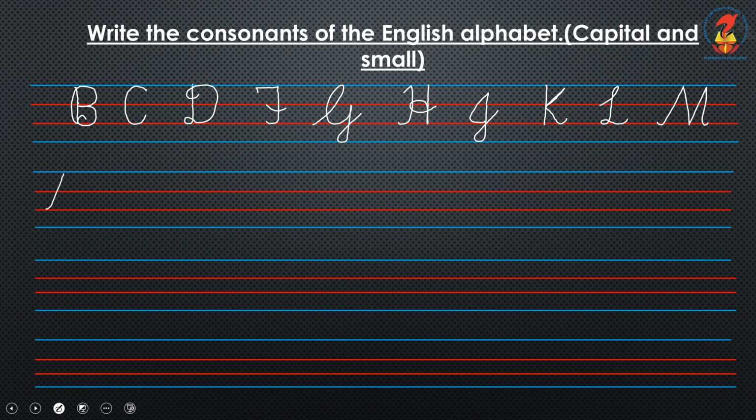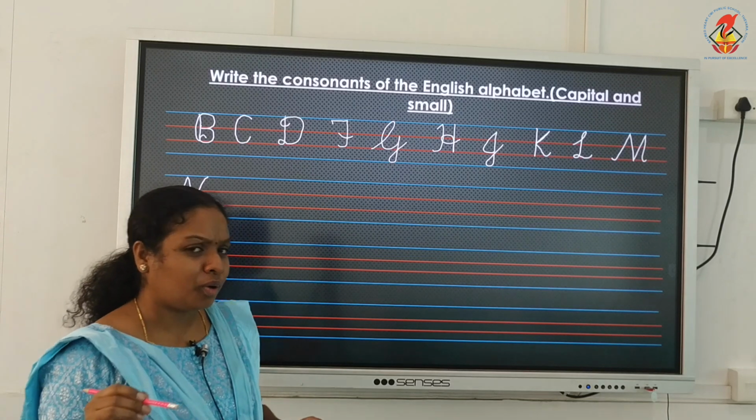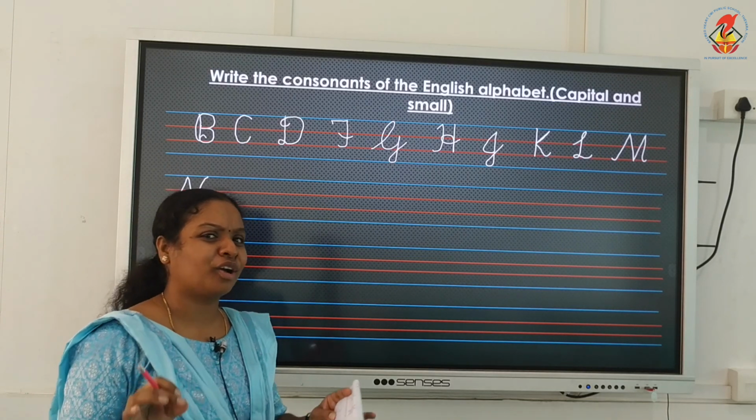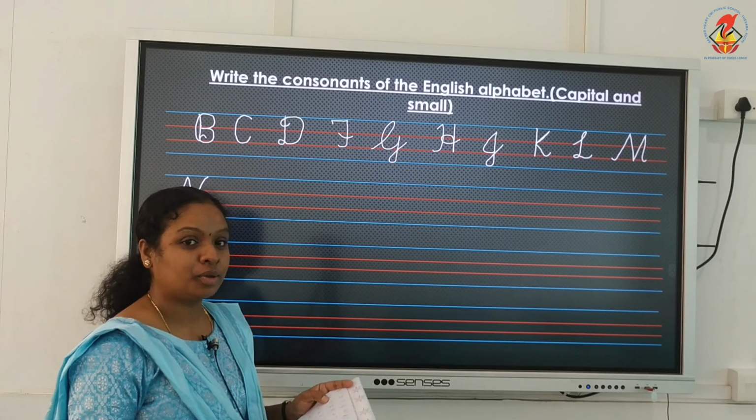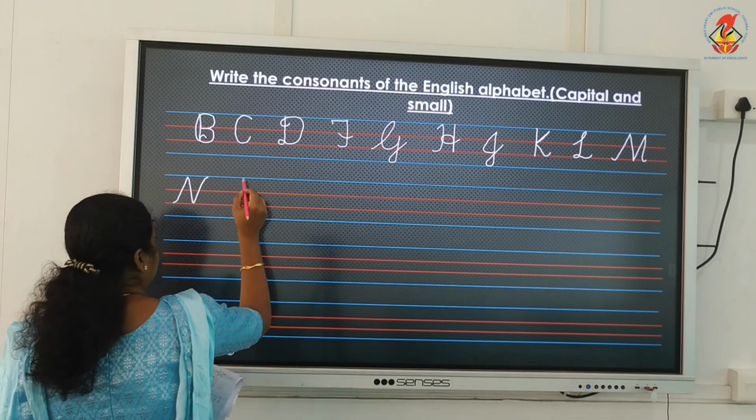Good children, okay. N. So after N, is O a vowel or consonant? It is a vowel. So what's the next letter? P. So write P children.